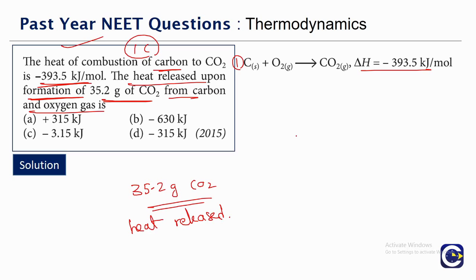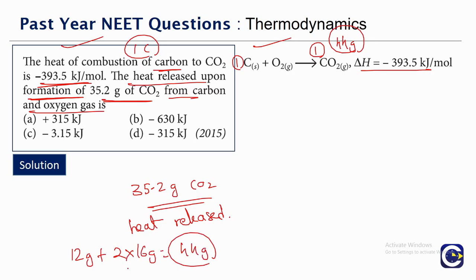If you look at this heat of combustion of carbon, 1 mole of carbon undergoing combustion gives exactly 1 mole of CO2. 1 mole of CO2 is 44 grams of CO2. What is the molar mass of CO2? Carbon 12 plus 2 oxygens, 2 into 16, so the total is 44 grams.